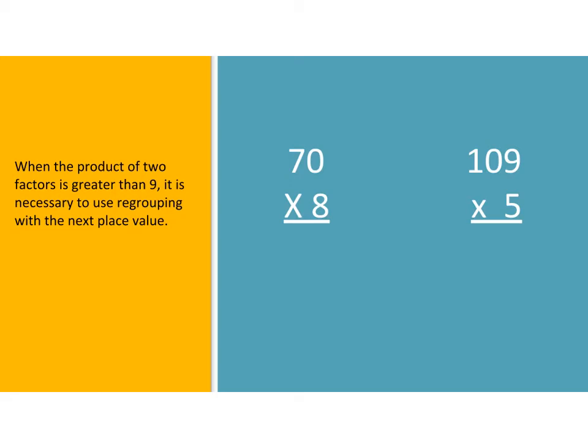When the product of two factors is greater than 9, it is necessary to use regrouping with the next place value. So if we look on the right, 70 times 8. 8 times 0 in the ones place is 0.